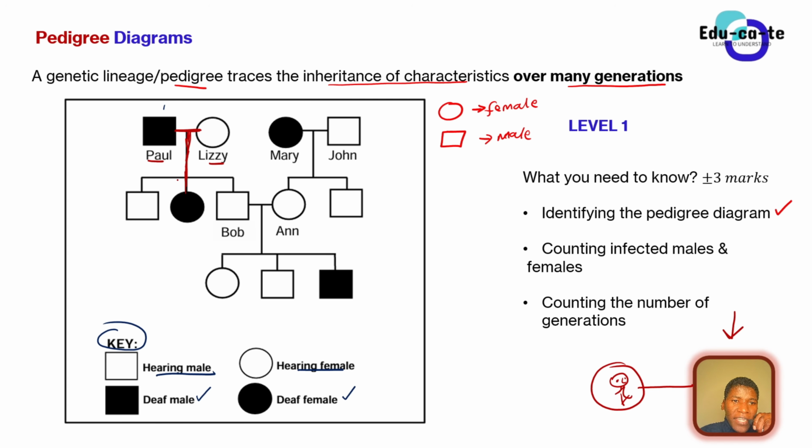It tells us of the offspring or the babies that have been made. In this case, this is baby 1, baby 2, baby 3. These are the offspring or the children from these parents. So Paul and Lizzie are the parents, and the offspring are 1, 2, 3, including Bob in this case.